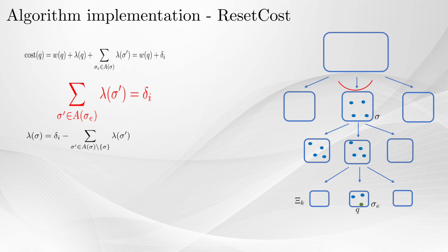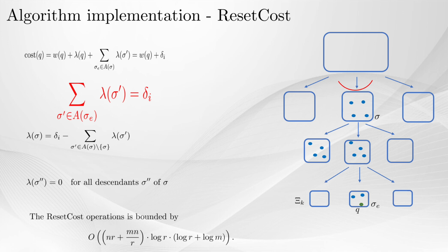Then we use delta I minus this value as the value of lambda sigma. Then for all its descendant cells, we just set the values to 0. These two formulas make sure our cost Q is equal to WQ plus delta I. Then we use this method to update all the points in sigma. Then the reset operation is bounded by this formula.